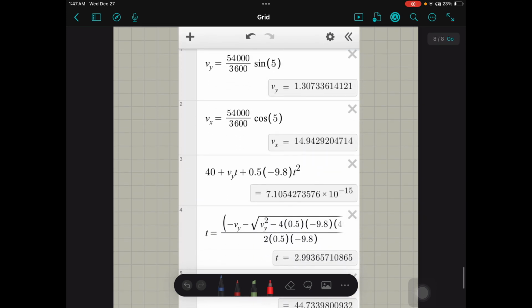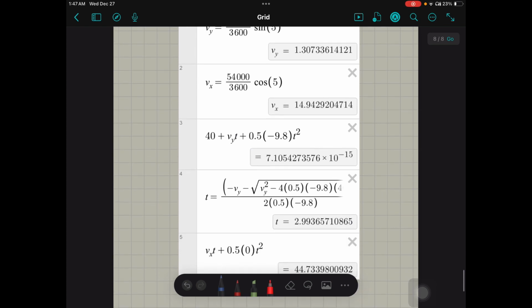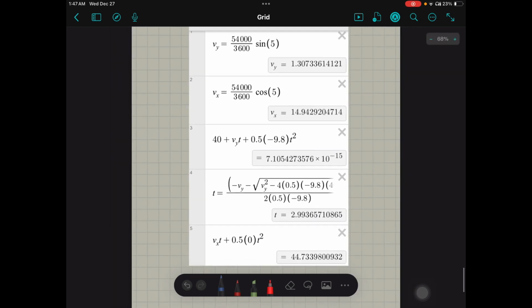Now, going into the actual calculator, we converted our velocity into terms of meters over seconds, and then we found the y component using sine of 5.